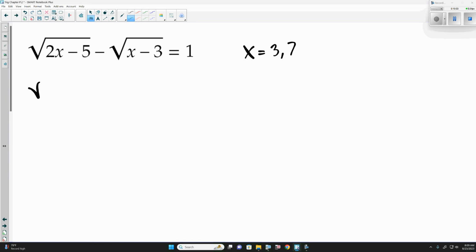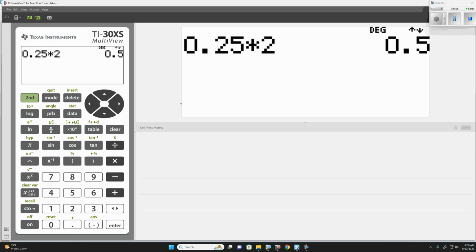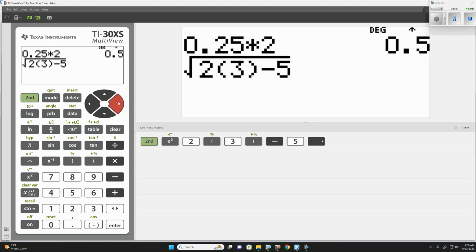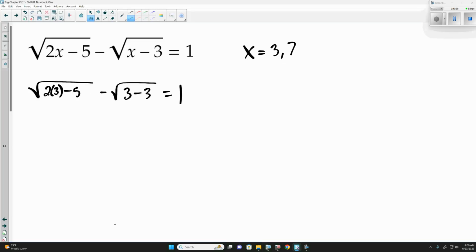So the first one I would check is 3. Now we could plug this all into a calculator. So we could say square root of 2 times 3 minus 5 minus square root of 3 minus 3 is 1. Look back over here.